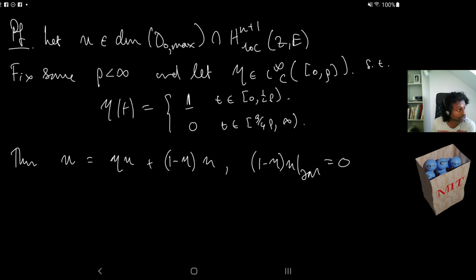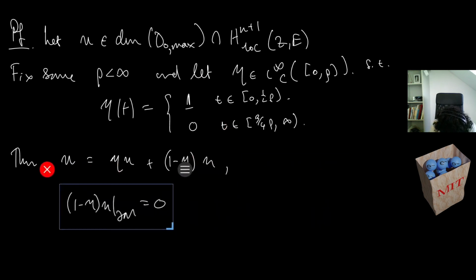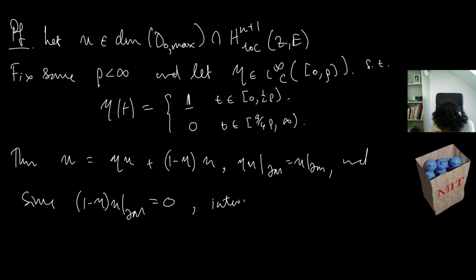So interior regularity: let me explicitly write that. ηu restricted to the boundary is equal to u restricted to the boundary, and since η(ρ) is 0, we have an interior regularity theorem, right?